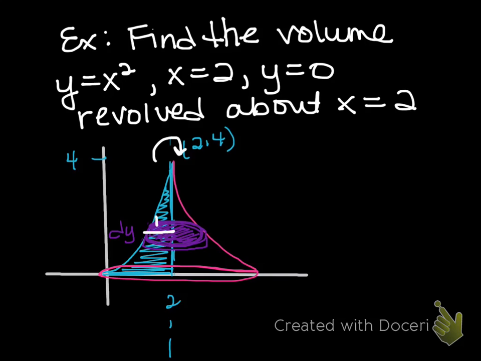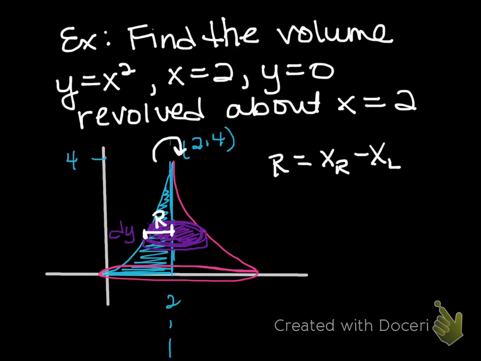Here is our line for our radius. And the radius this time is a length in terms of x, or rather a length that is an x value. So we want to take the value of x on the right side and subtract the value of x on the left side to measure that length. So we want x right minus x left for our radius.